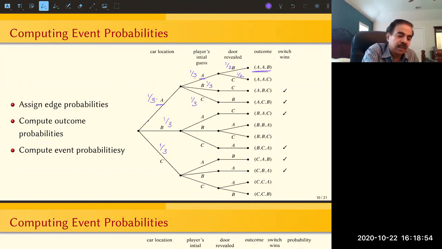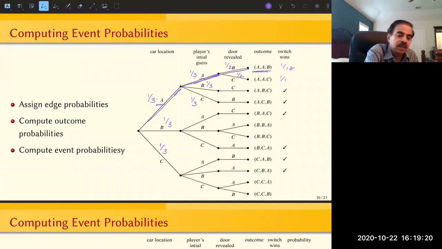Because this event A must happen, this edge must happen, and that must happen, right? So the way we do probability of these things is we just multiply the probability. So that gives us 1 by 18, right? So 1 by 3 times 1 by 3 is 1 by 9. 1 by 9 multiplied by half is 1 by 18.